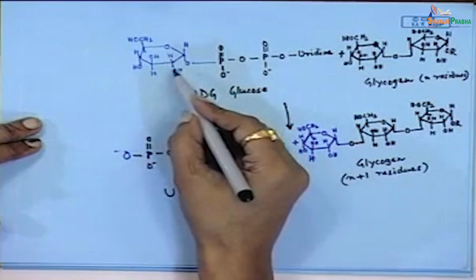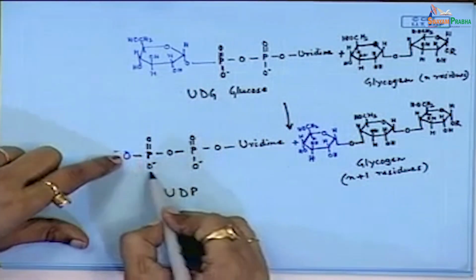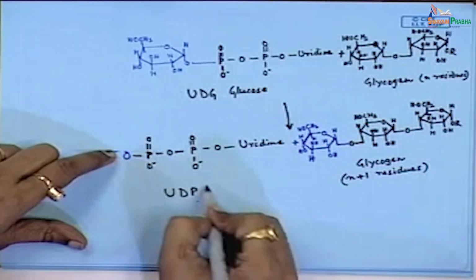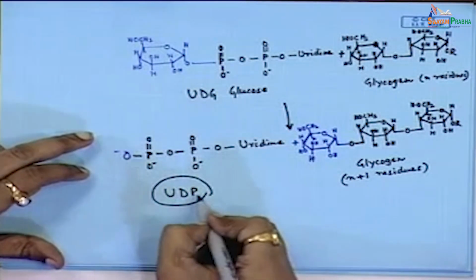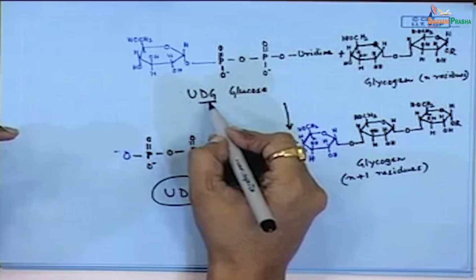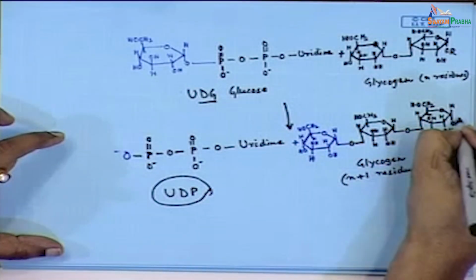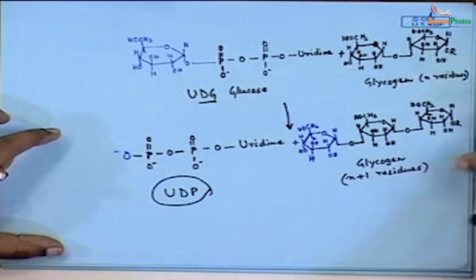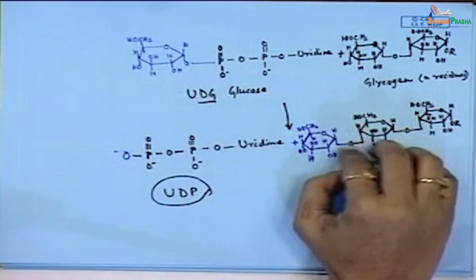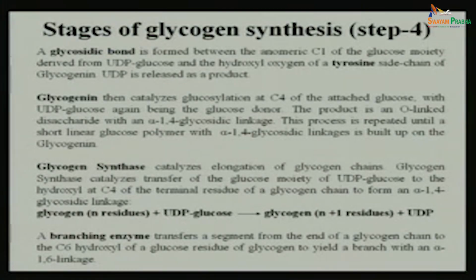See, UDP glucose is here, supplying glucose to this chain, and UDP is released out of the reaction. That means UDP glucose is acting as the glucose donor. One end is attached to the glycogenin protein, and this way the chain length is increased, attached with alpha 1,4 glycosidic linkages.